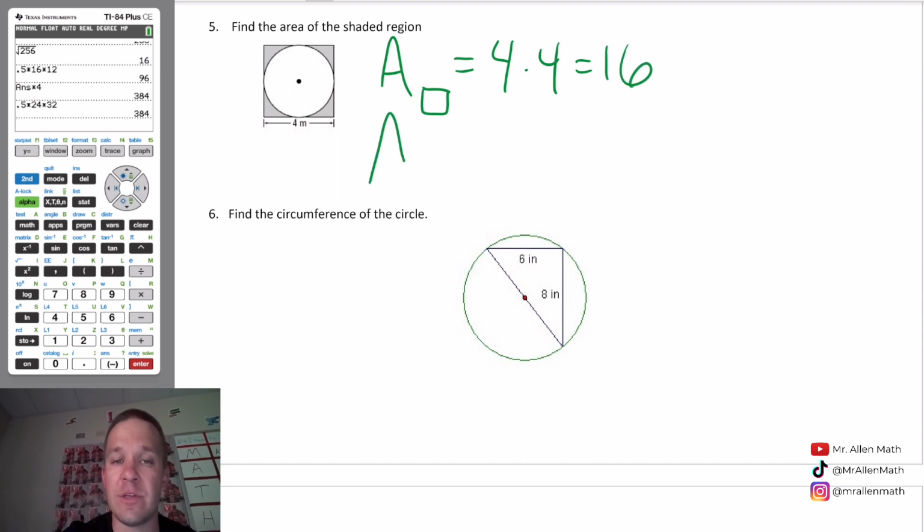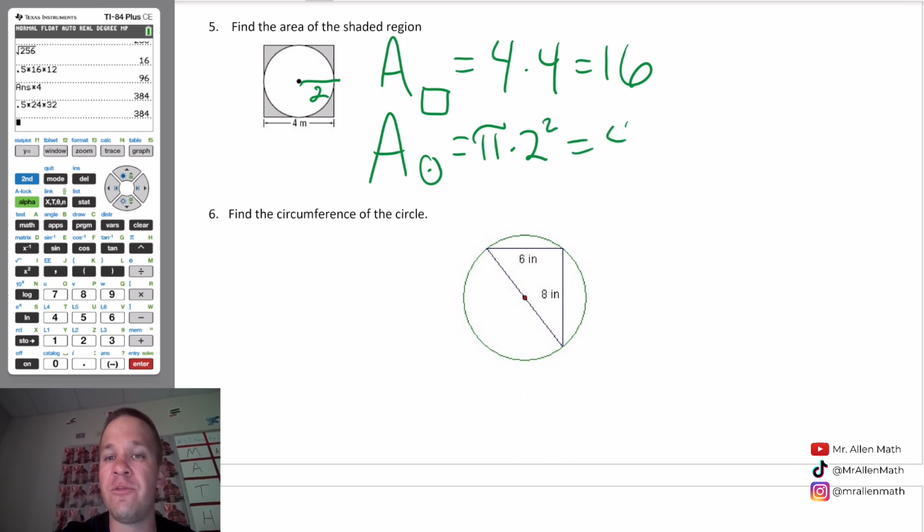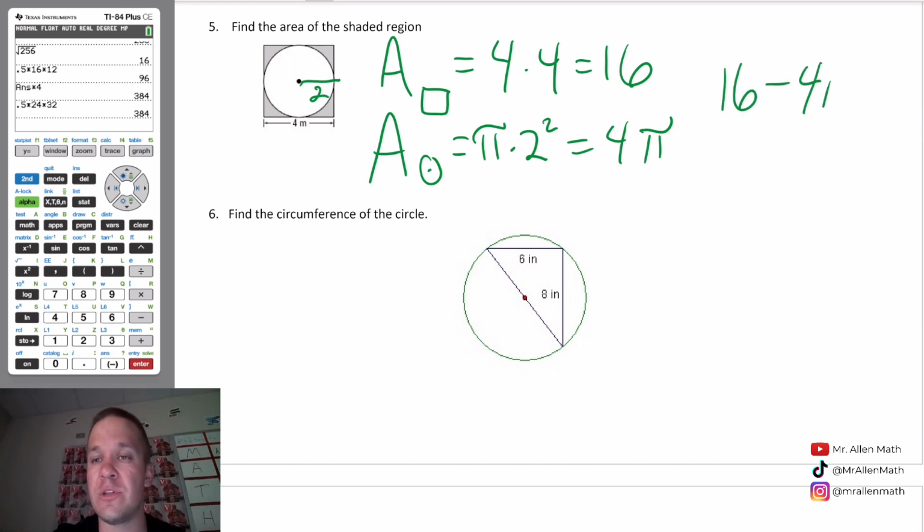Now the area of the circle portion, which is what we don't want, is going to have a radius of 2 meters. So we're going to have pi times 2 squared, which is 4 pi. So our shaded region is going to be the square, which is 16, minus the circle, which is 4 pi. And that would be meters squared.